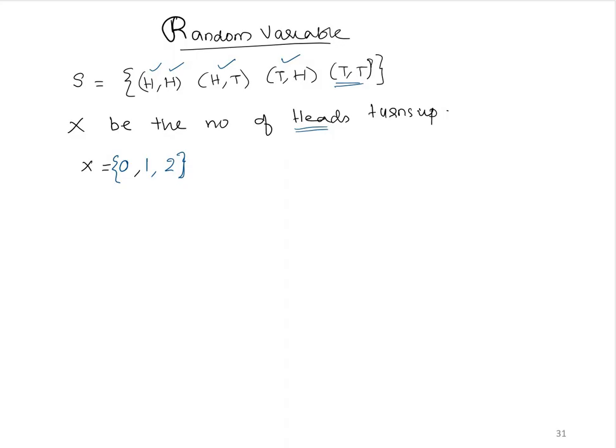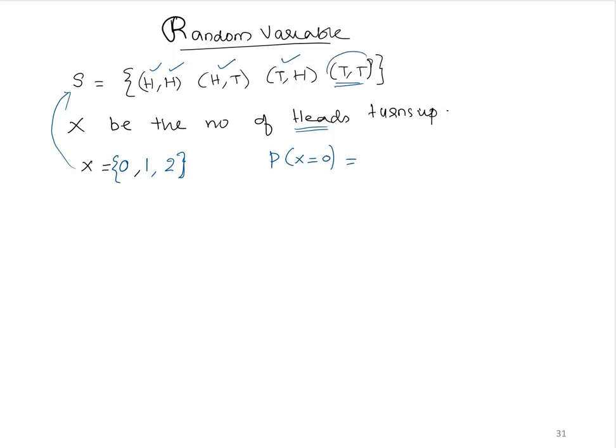So instead of representing the whole sample space this way, we can represent X by a number: 0, 1, 2. Then let us also define the probabilities. Probability of X equal to 0 means the probability of the number of heads equal to 0.